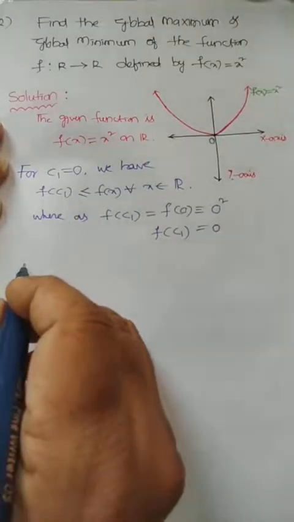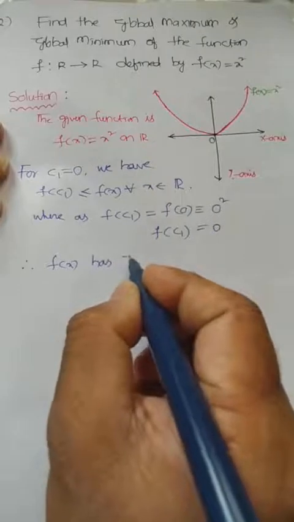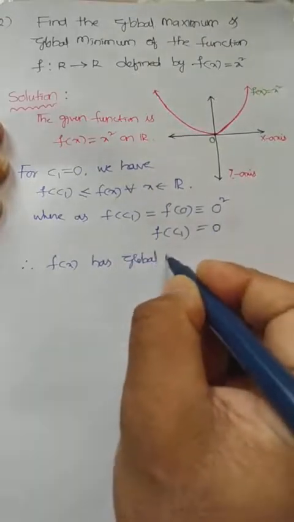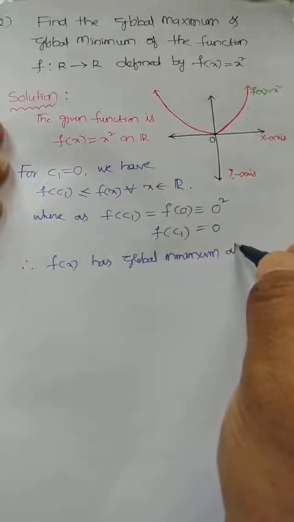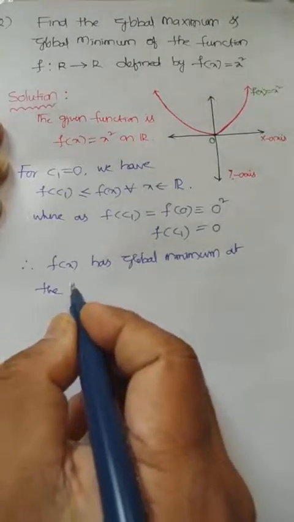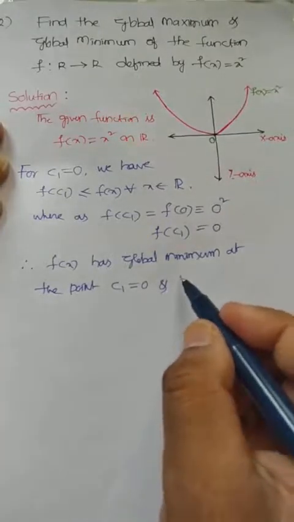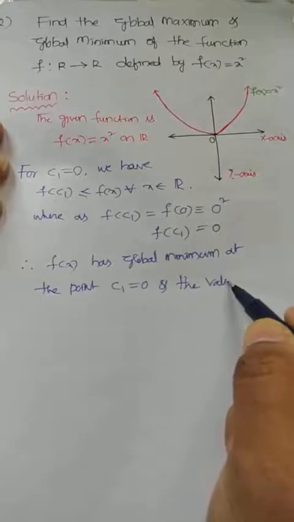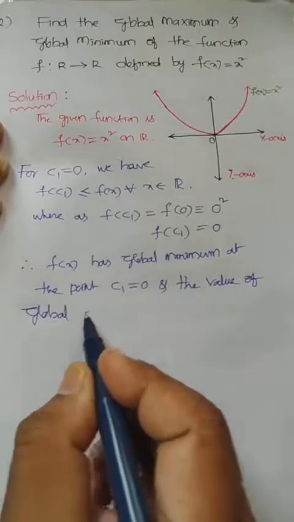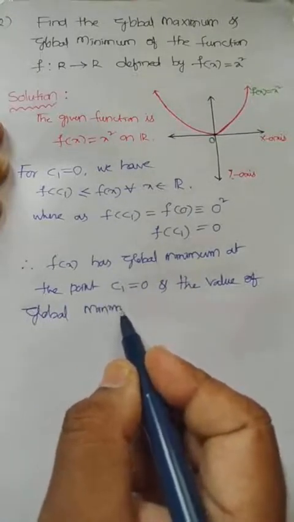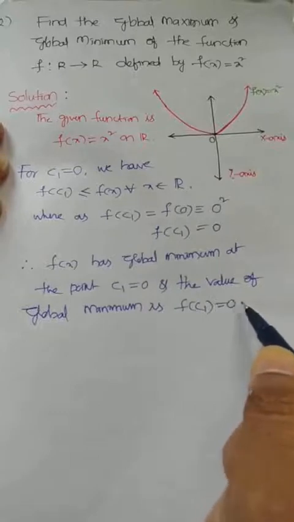So what conclusion can we make? Therefore f of x has a global minimum at the point c1 equal to 0, and the value of the global minimum is f of c1, which is 0.